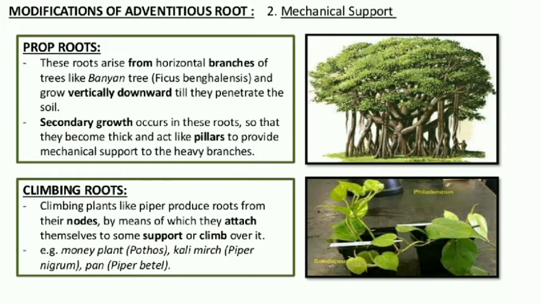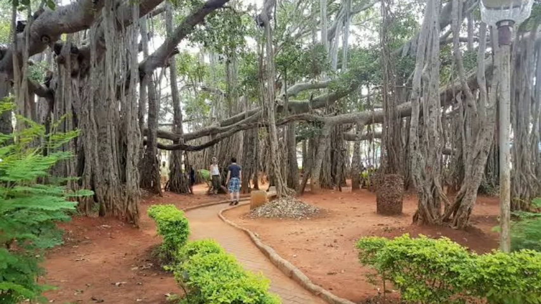One special thing, you have heard about the botanical garden, the Acharya Jagadish Chandra Bose Botanical Garden, Howrah, Kolkata. There is a big banyan tree, the great banyan tree. There are thousands of prop roots.